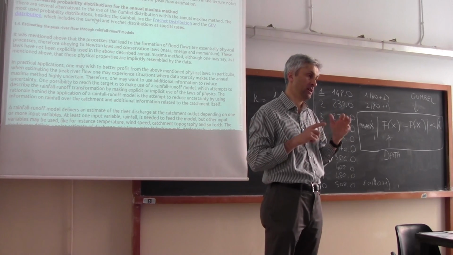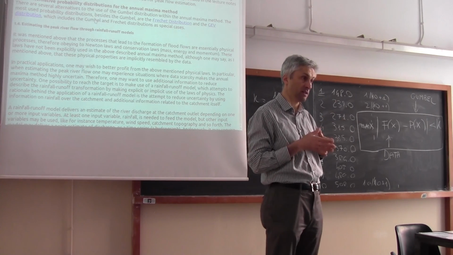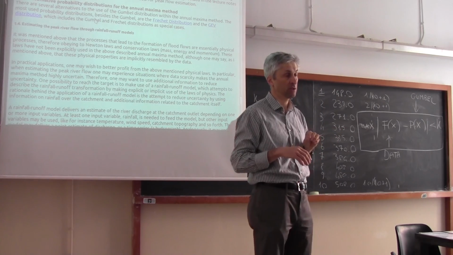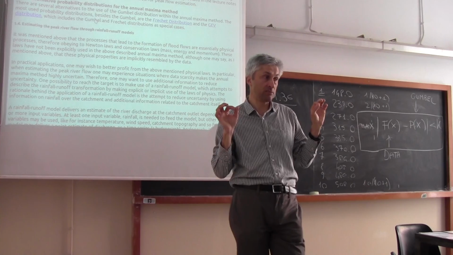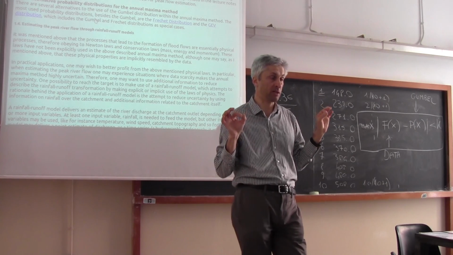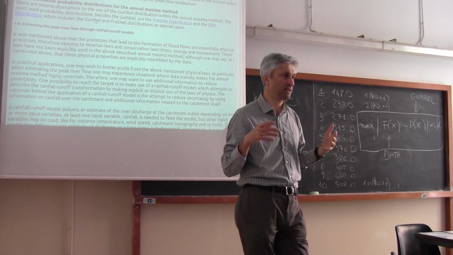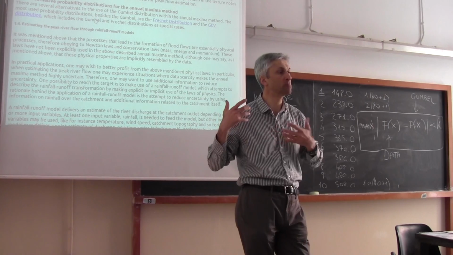This was an attempt made in Italy to provide, for each administrative region, this relationship to estimate the average of the annual maxima. Why did we have this idea? Because in some regions we didn't have many observations, and in some cases you may have no observations.